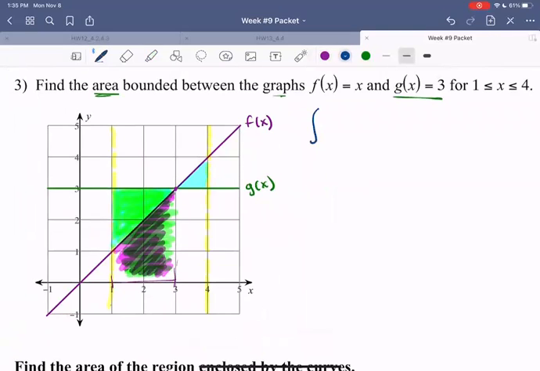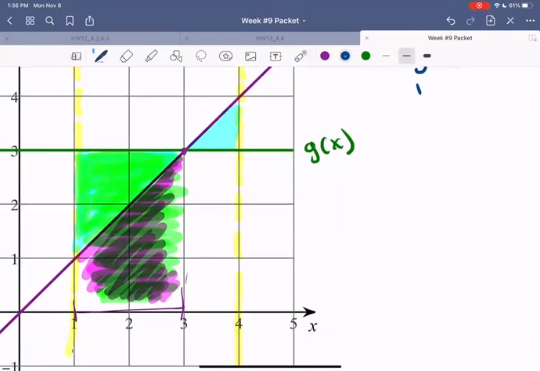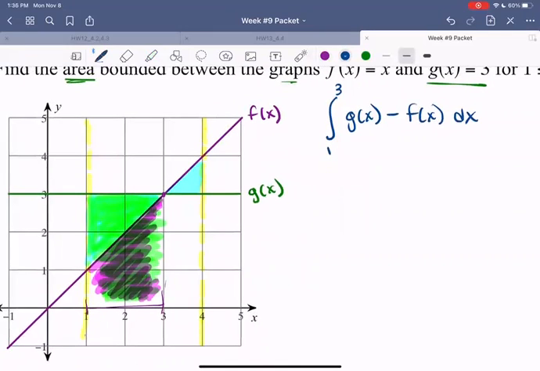Well, that would be the integral from 1 to 3 of g of x, that area under g, minus f of x, that area under f. So again, for this particular example, we can just look at our graph and find that area. But when we're dealing with more complicated areas or functions, that's when we'll need a set of integrals. So this is giving us a practice of how we'd actually do that.